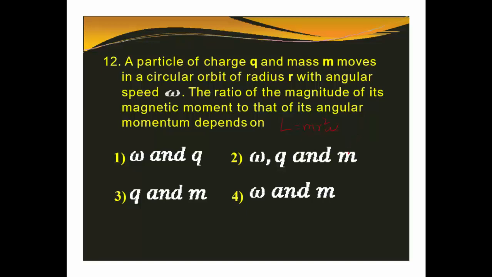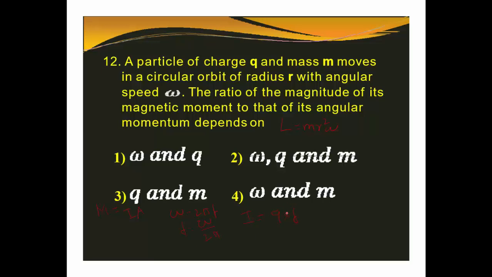Now let us go for the magnetic moment, that is M. Magnetic moment is I into A, where I is current and A is area. Now let us calculate I. Here no I term is given, so we have to convert. We know that omega is 2 pi f, so f can be written as omega by 2 pi. Current is q into f.